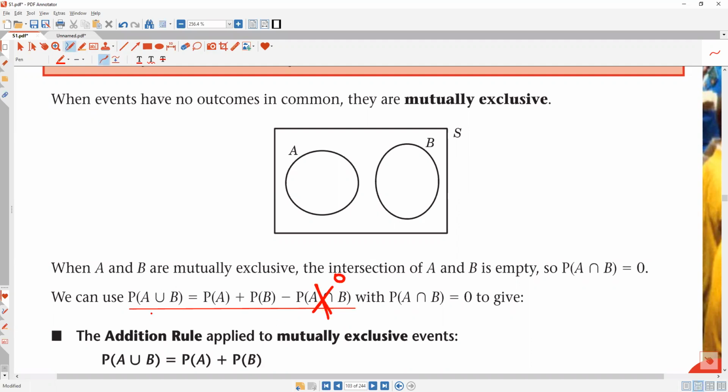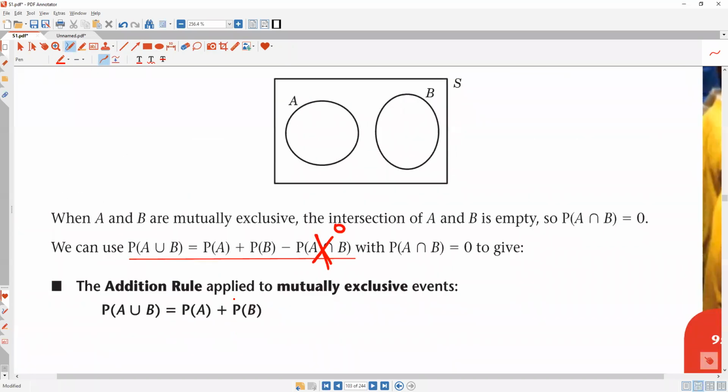So A union B is PA plus PB. That is your formula for mutually exclusive. Is everyone understanding this? So mutually exclusive means you have nothing in common. That's what mutually exclusive means.